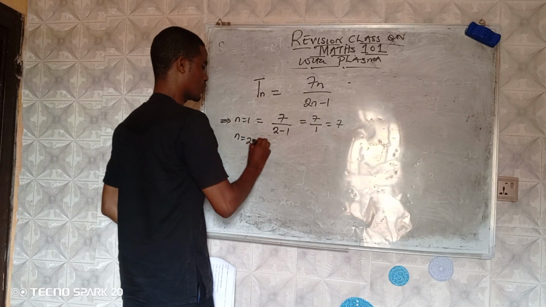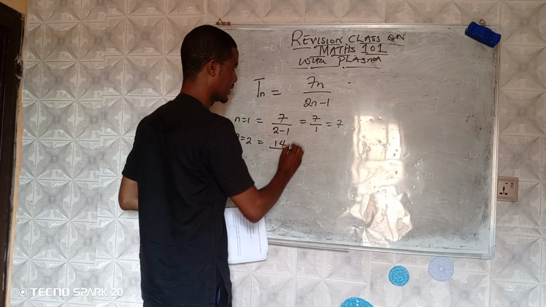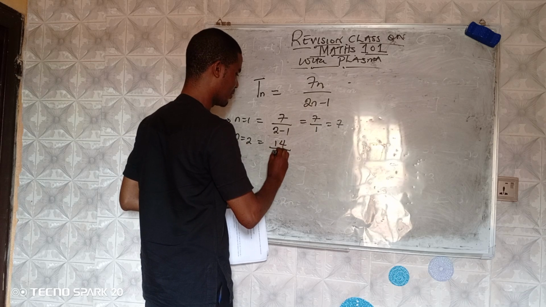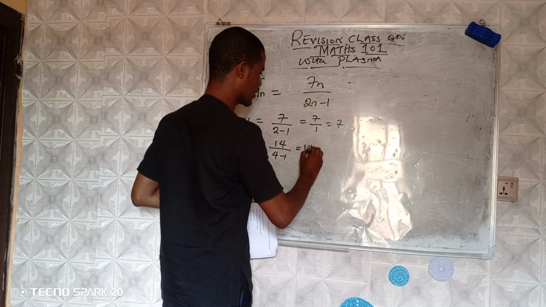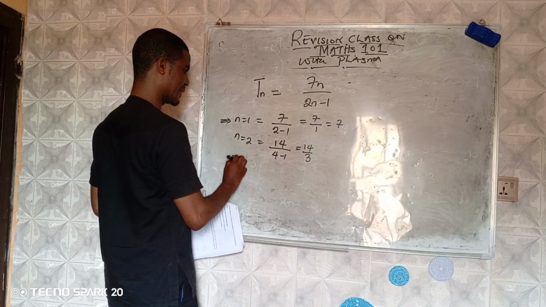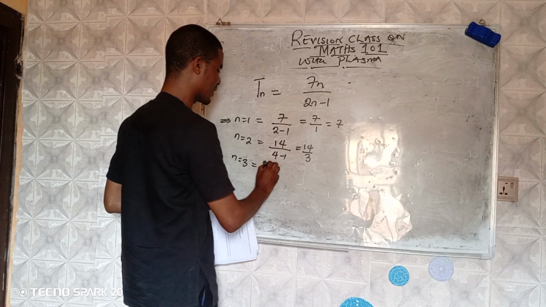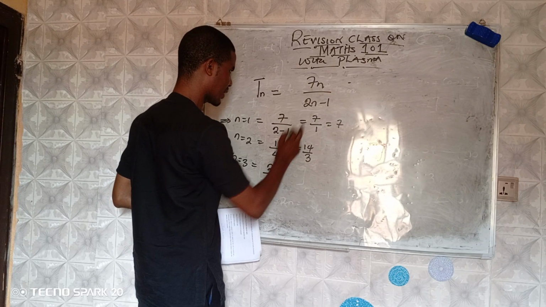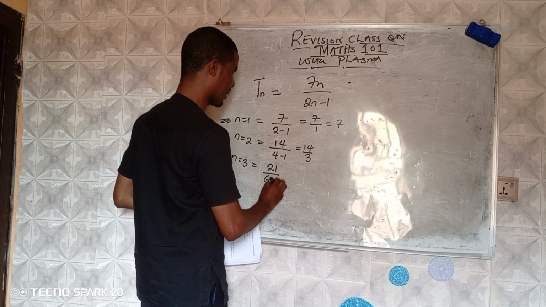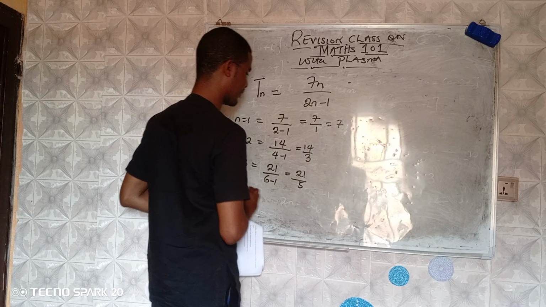When n is equal to 2, I have 2 times 7 is 14. 2 times 2 is 4 minus 1, which will give me 14 over 3. When n is equal to 3, I'm going to have 3 times 7 is 21. 3 times 2 is 6 minus 1, which will give me 21 over 5.